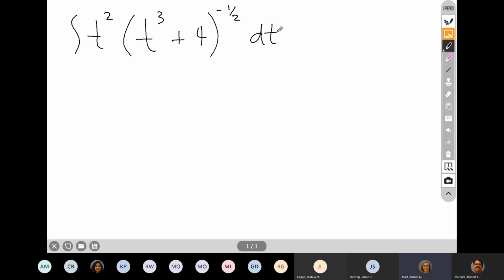Yes. Most of the time, you'll use what's in the parentheses, unless you have a natural log, e, or something like that, then you would use something else. Most of the time, you're going to use what's in the parentheses. And you're usually going to go with the highest degree, and the highest degree in this problem would be the t to the 3rd.